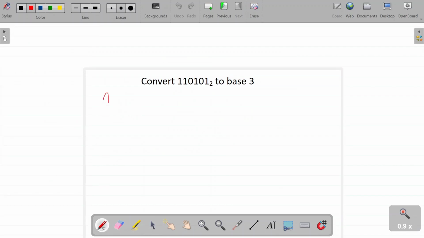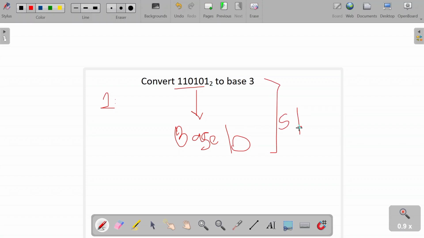The first step is to convert this to base 10. That's what the first step is all about. This is step 1.